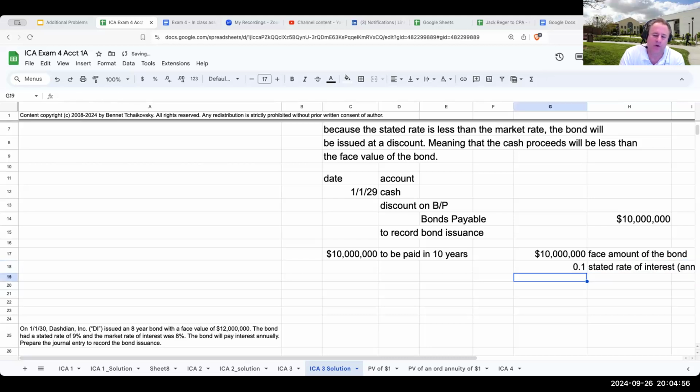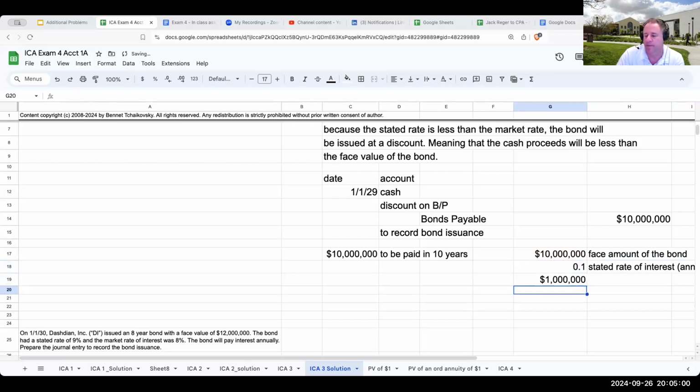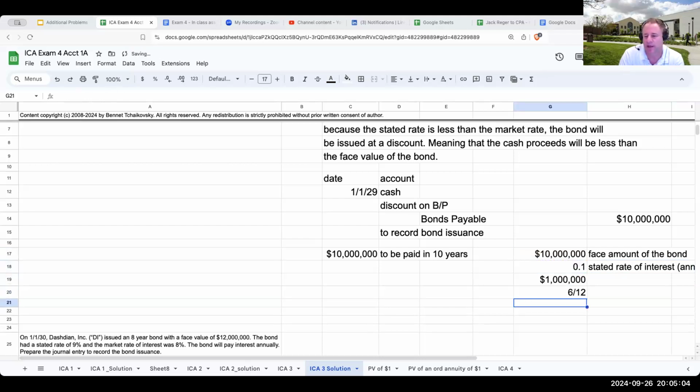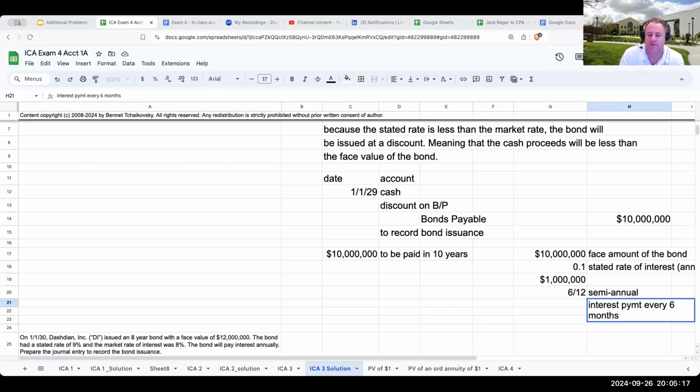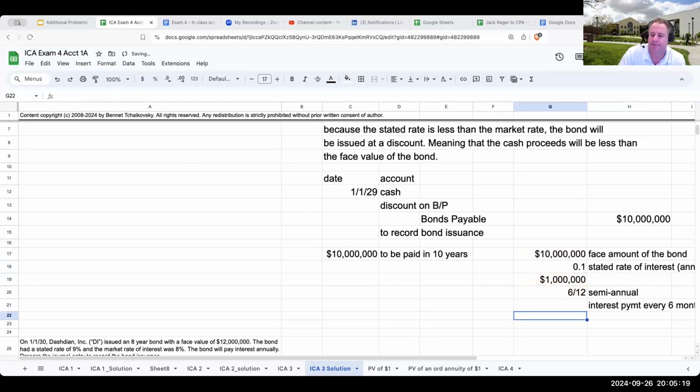So the annual amount of interest that this bond will pay is going to be $1 million. However, because the interest payments come semi-annually, the interest payment every 6 months is going to be $500,000.